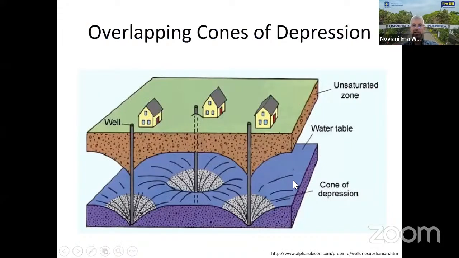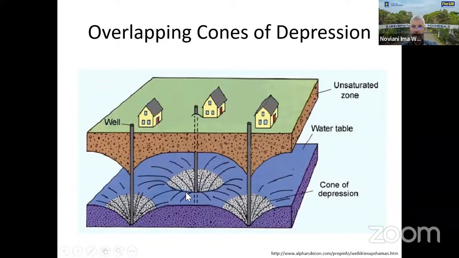Okay, but let's say this in the middle here is our test well. And I said earlier, what if somebody next door also has a well and they start pumping their well, or this neighbor? So we have now our well in the middle, and all of a sudden we're noticing that the water level in our well is going down, even though we are not pumping, or it's going down quicker. That likely means that somebody in the neighborhood has turned on their well.